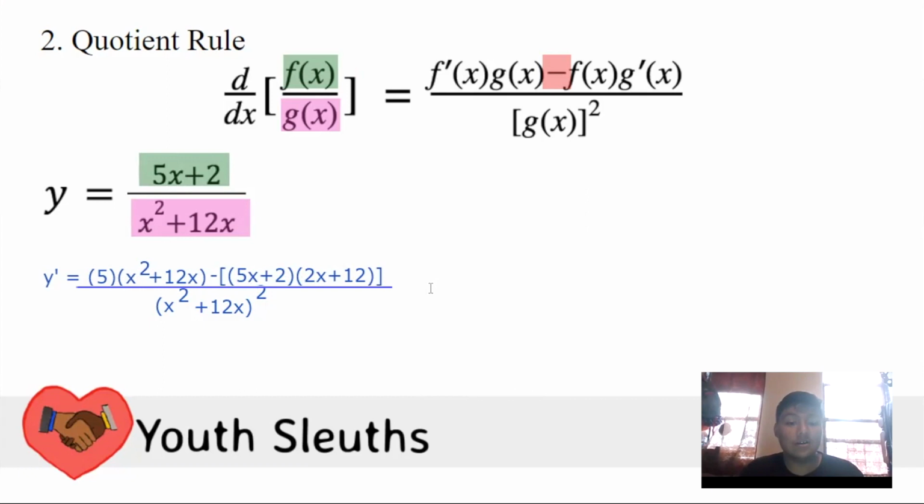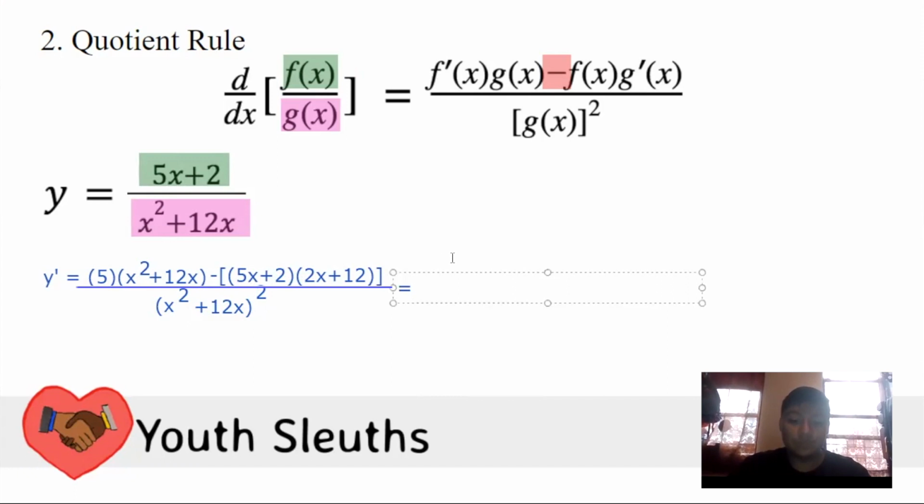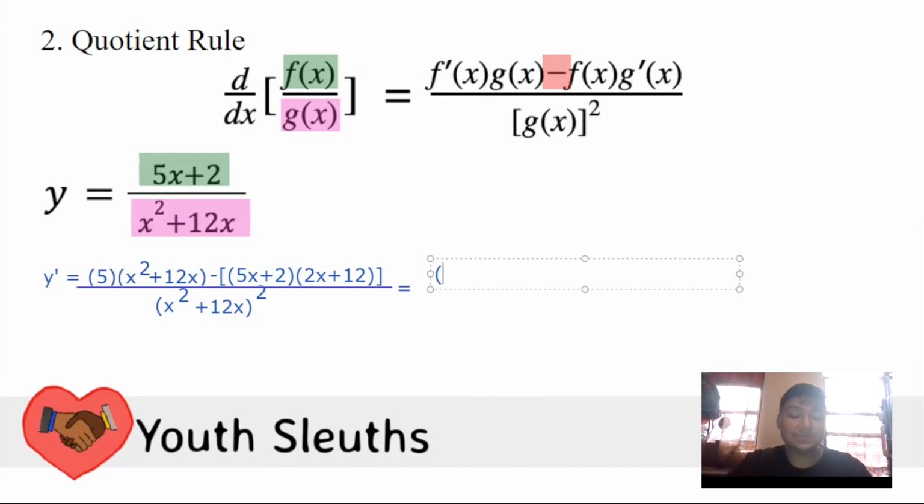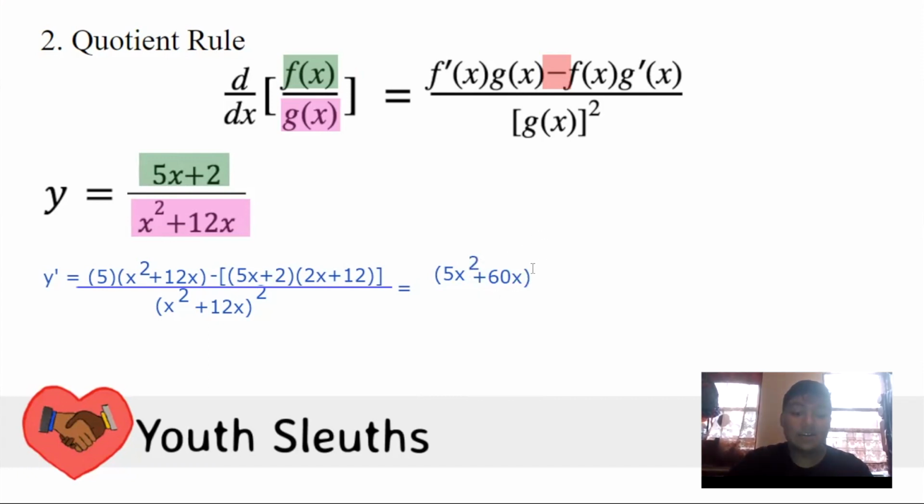So now for 5x plus 2 times 2x plus 12, we must FOIL so that we can simplify all the way. We have that equals, in the first place, 5x squared plus 60x. And then on the right side, we can't forget that we need to distribute the negative sign.